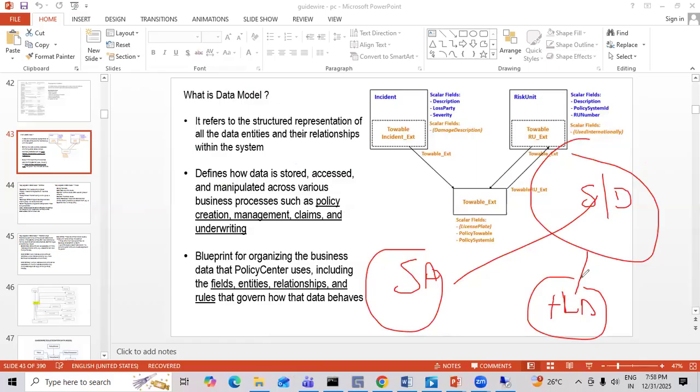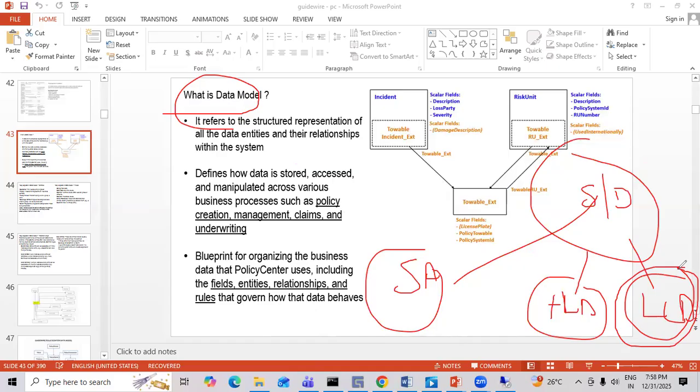That is called HLD. Now, when it comes to the low level design, this is where the data model requirement is needed. Low level design majorly tells you how the system should perform, based on the non-functional requirements given by the BA team. In this we need to know what programming language we are using, what algorithms, and what design patterns we use.